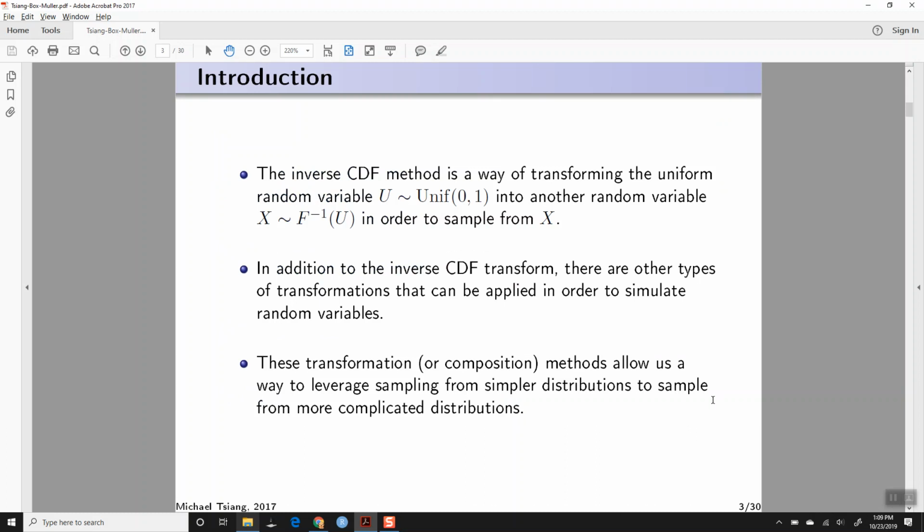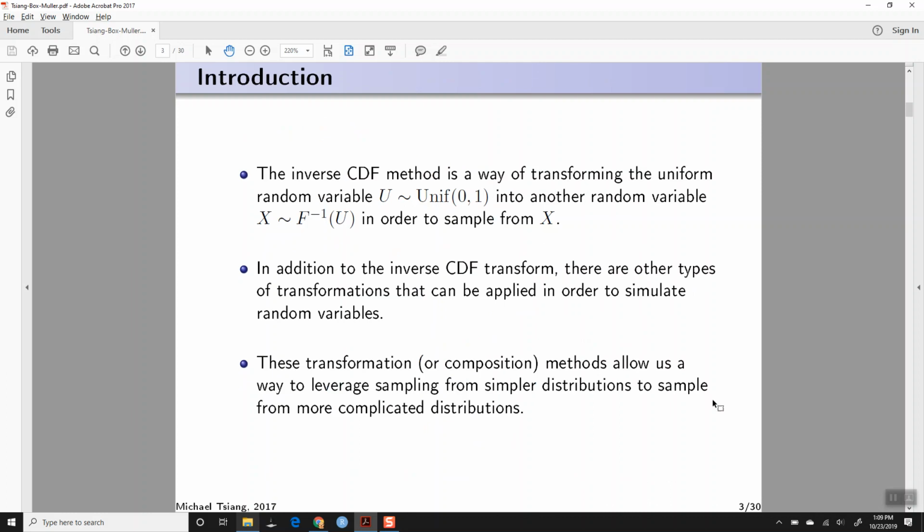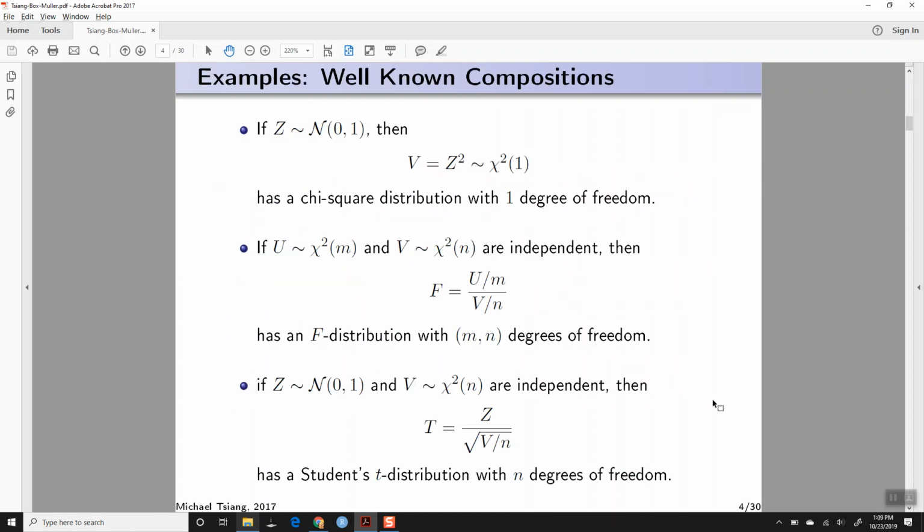Okay, so we've already talked about inverse CDF, and here are some well-known compositions that you should have covered in 100B, like the relationship between the chi-squared distribution and the normal distribution, right? If you take a random normal value and then you square it, the result ends up being the chi-squared distribution.